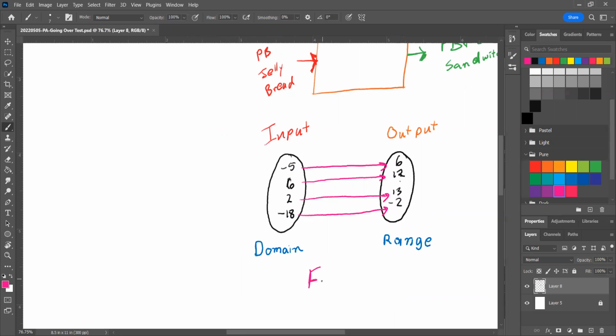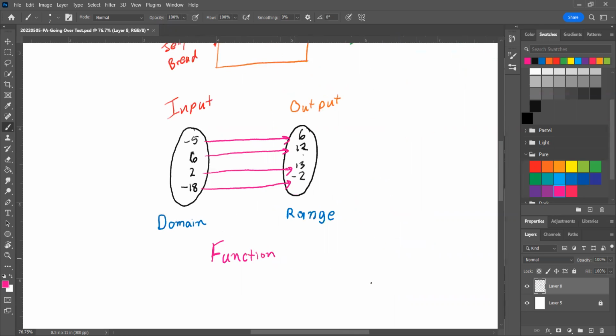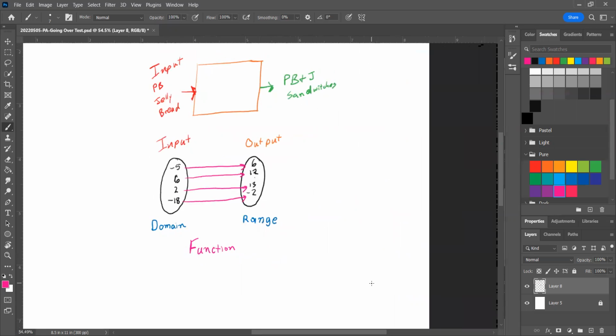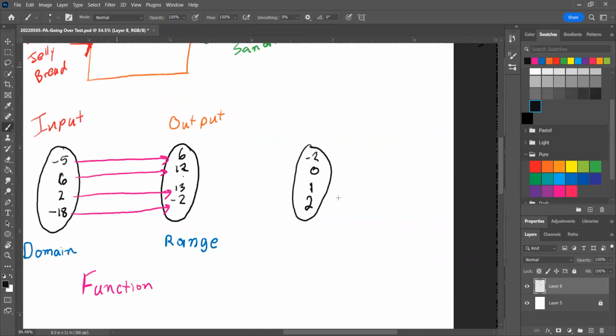Let's do another relation where there's an input and output, a domain and range, right? Let's have the domain be this set right here. Let's do -2, 0, 1, 2.